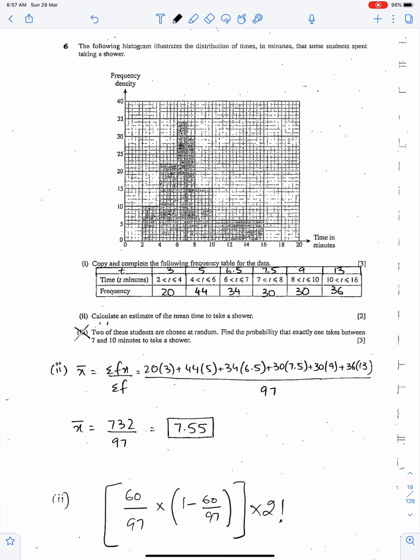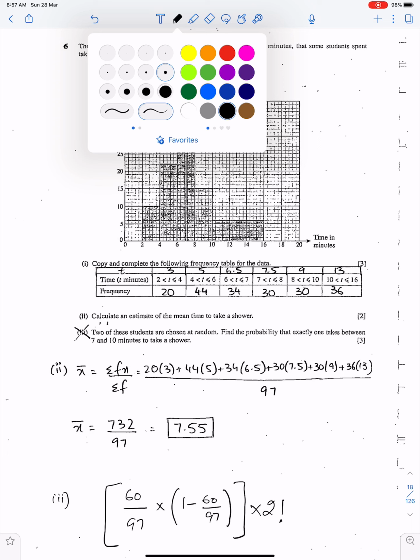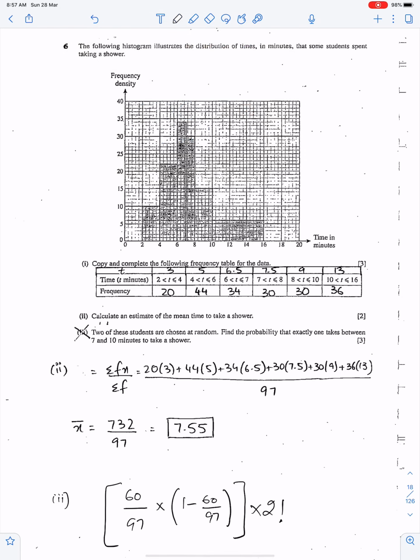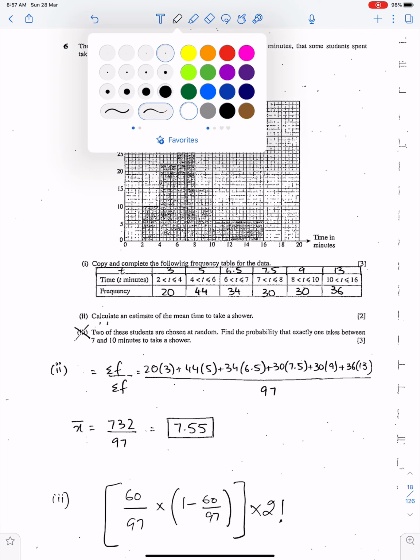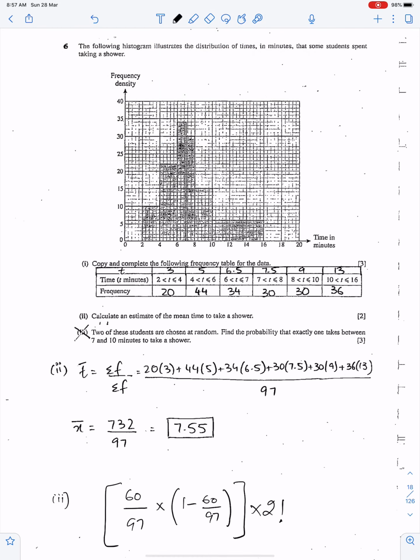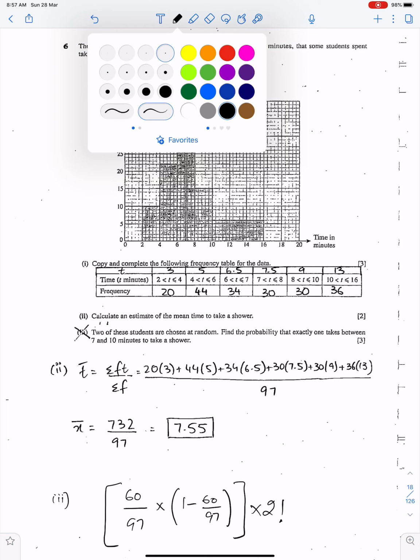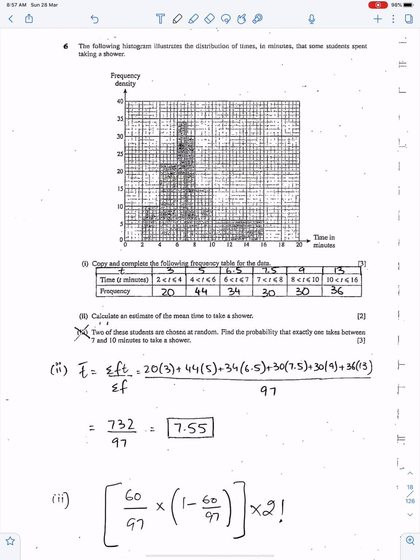And write T here as well. It's better to write T. So that's the mean.